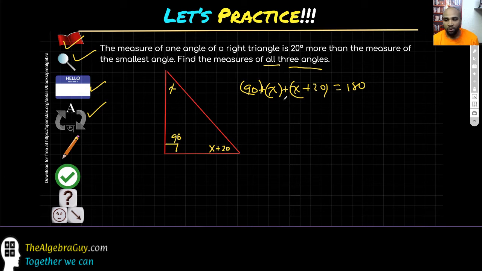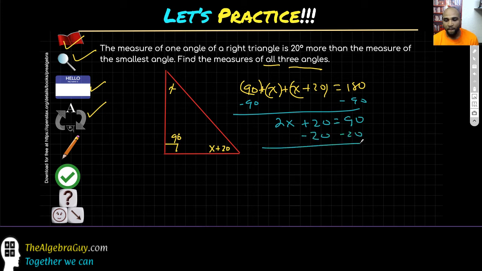When I add these up, I can subtract 90 and make this a little bit easier. Put my two X's together to give me 2X plus 20. 180 minus that 90 is 90. Subtract 20. Gives me 2X. And X equals 35.